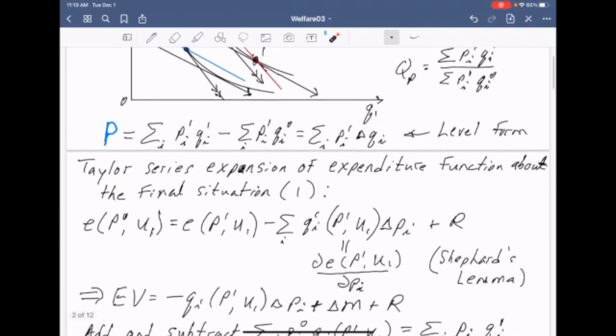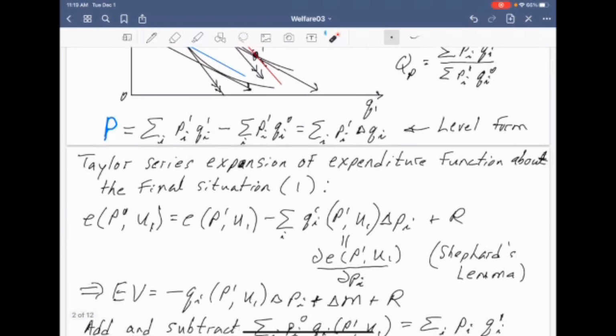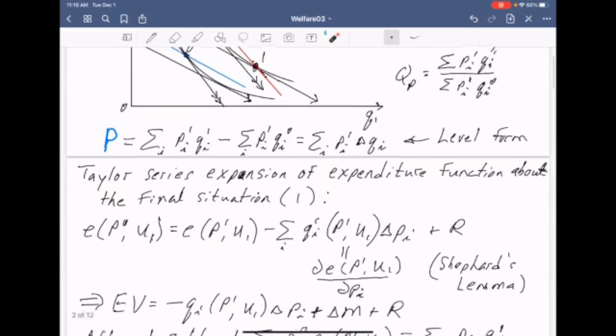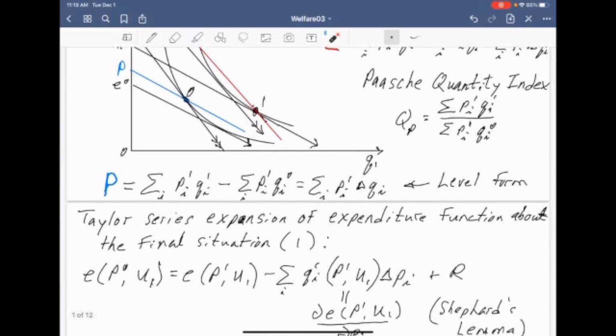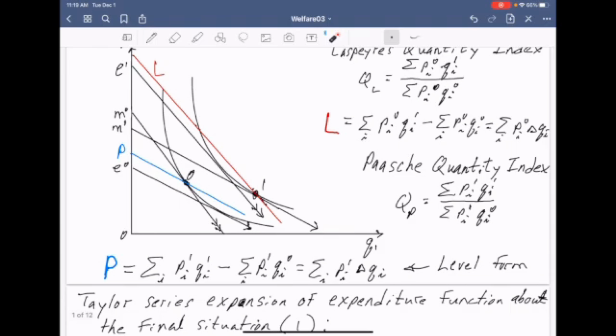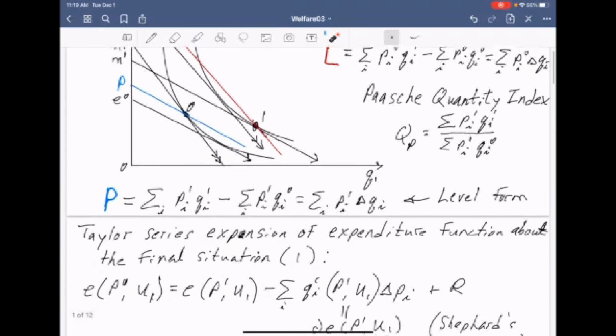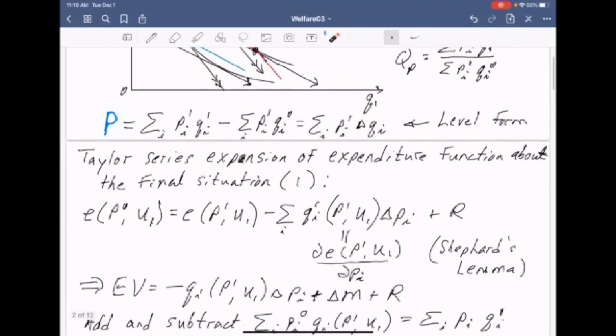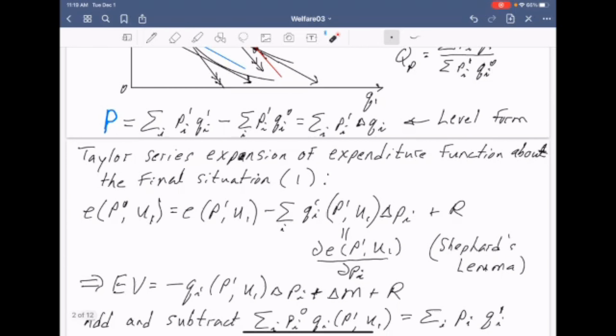Now, if we take a Taylor series expansion of the expenditure function about the final situation, so about this situation here, you'll see that in this situation we have the future prices given by this line here, and this is the current prices. So we're looking at the future quantities and prices at 1. So what we want to do is take a Taylor series expansion of the expenditure function about the final situation.